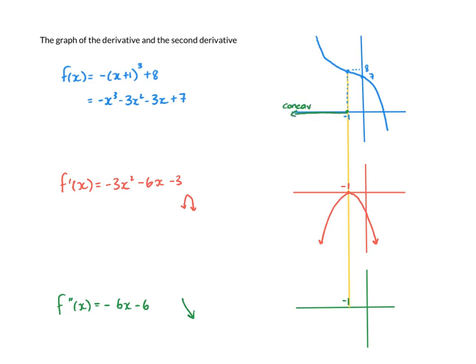On the original graph, I know that before negative 1, the graph is concave up, and after negative 1, my graph is concave down. Meaning that on my second derivative, before negative 1, the values of my second derivative are positive, and after negative 1, the y values of my second derivative are negative.